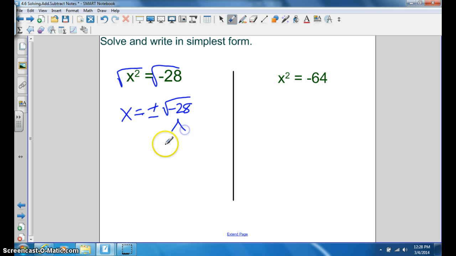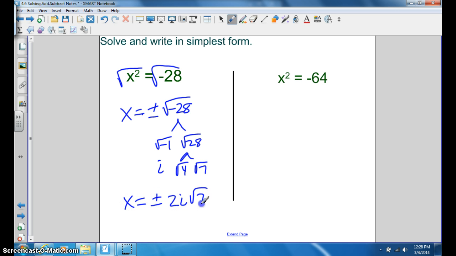So break down the square root of -28. We break that down to the square root of -1 times the square root of 28. The square root of -1 is i. 28 breaks down into the square root of 4 times the square root of 7. So our final answer is going to be x equals plus or minus 2i root 7.